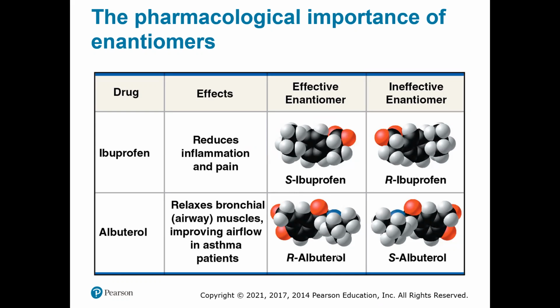The R and S enantiomers of albuterol are mirror images, and only R-albuterol is effective at relaxing bronchial muscle and improving airflow in asthma patients. So in this case, S-ibuprofen is effective, and in albuterol, the R-albuterol is effective.